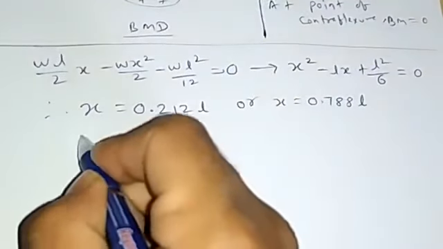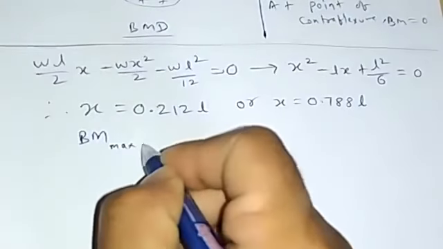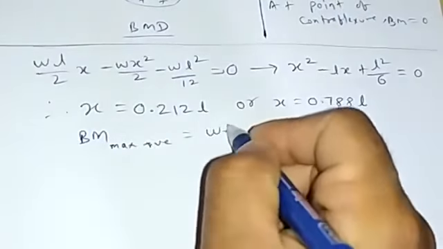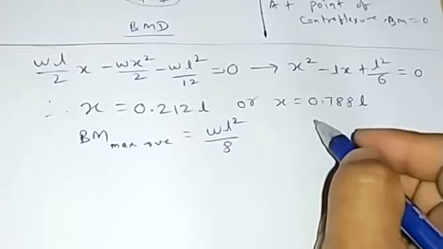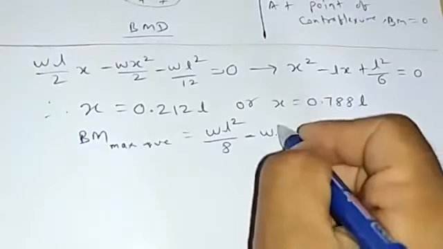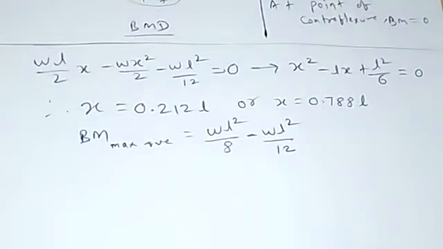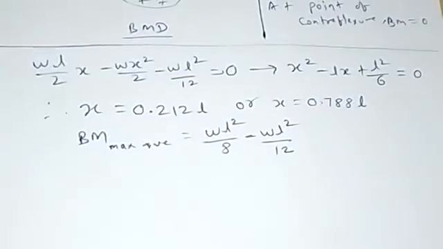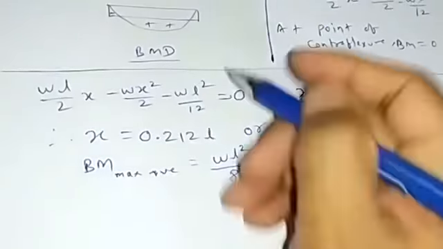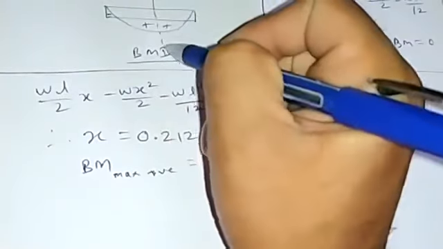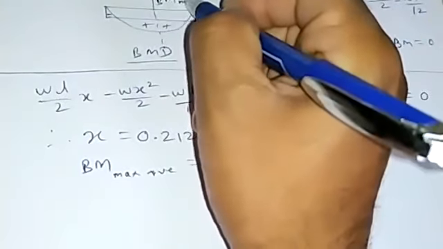So if we calculate the maximum positive bending moment, this will be equal to WL square by 8 minus WL square by 12. This is basically at the center, the BM max.